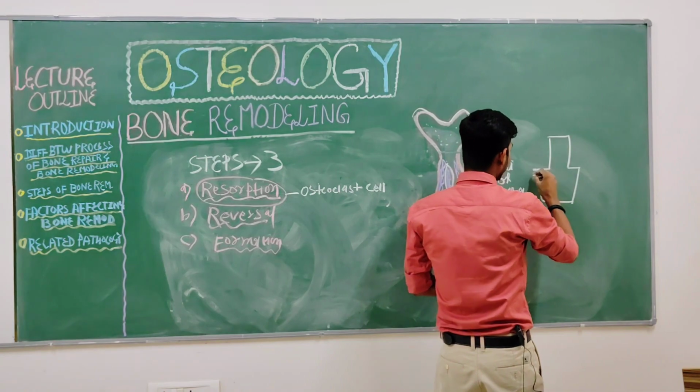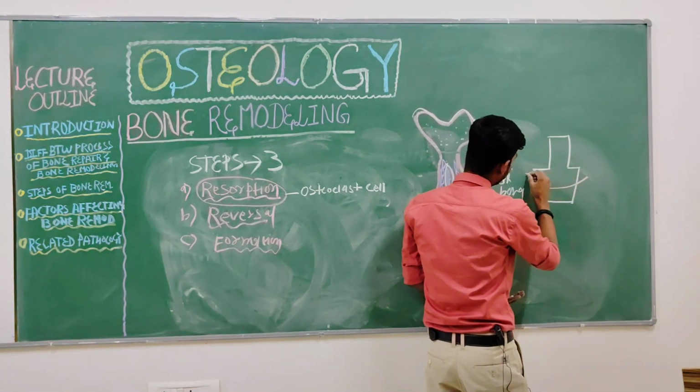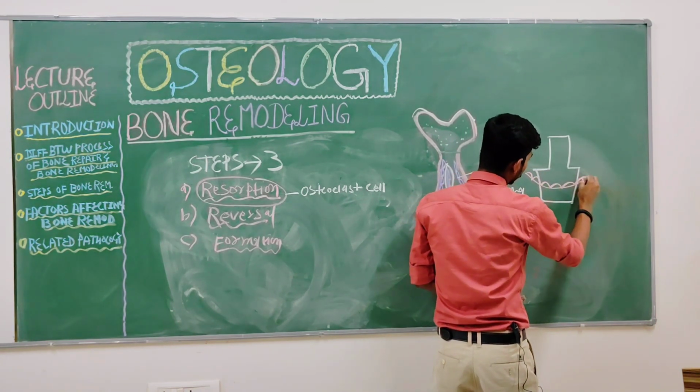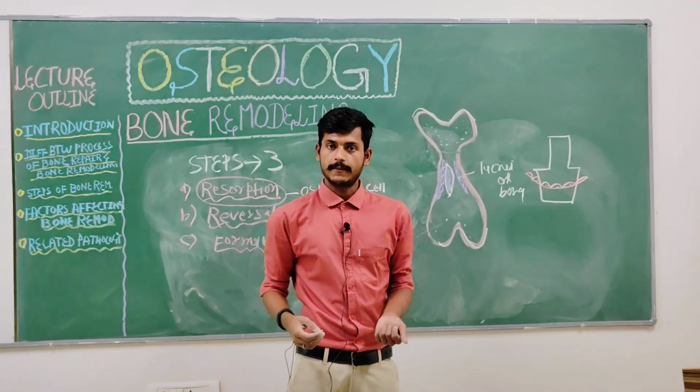They are present in a concentric manner. This is one lamella, suppose, and these osteoclasts are present in a concentric manner.